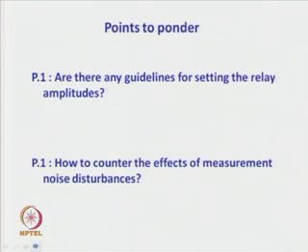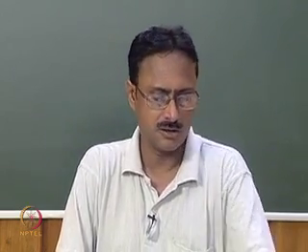Some points to ponder. First point can be like this: are there any guidelines for setting the relay amplitudes? Generally, relay amplitudes are decided based on the signal to noise ratio of the limit cycle output signal.